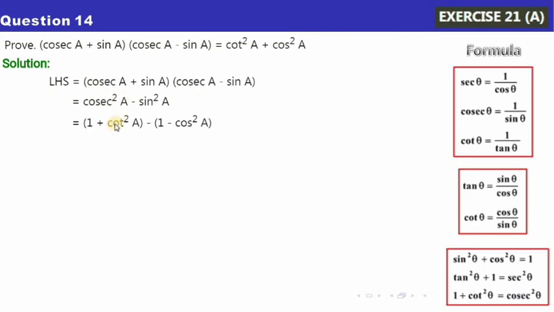Cosec square A can be written as 1 plus cot square A as per this formula, and sine square A can be written as 1 minus cos square A. Open up the bracket, so the sign will get changed. Minus 1 and plus 1 get cancelled, so you have cot square A plus cos square A. So that's what we wanted to prove. This is my right hand side, so you may pause the video and note down the solution.